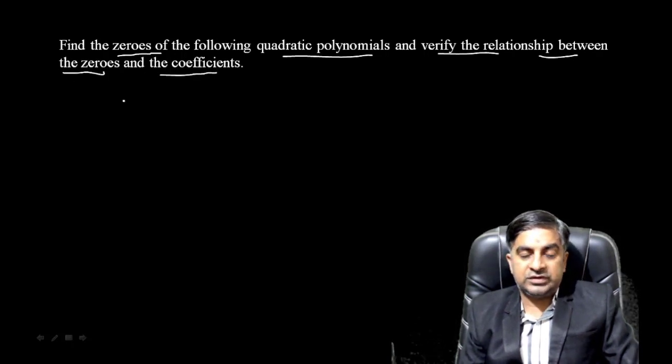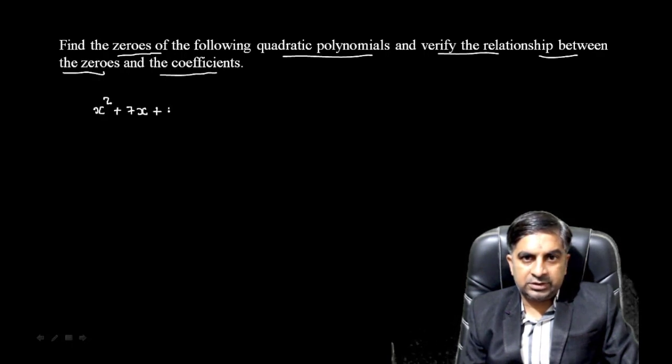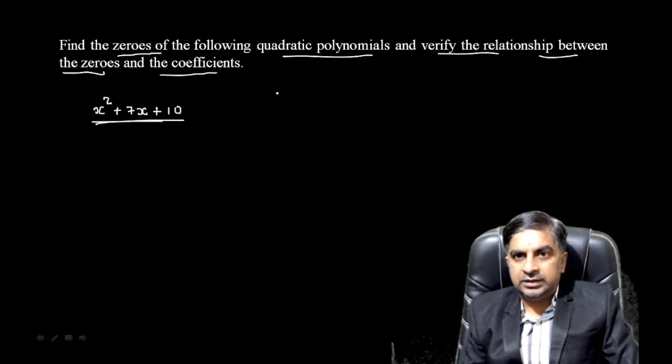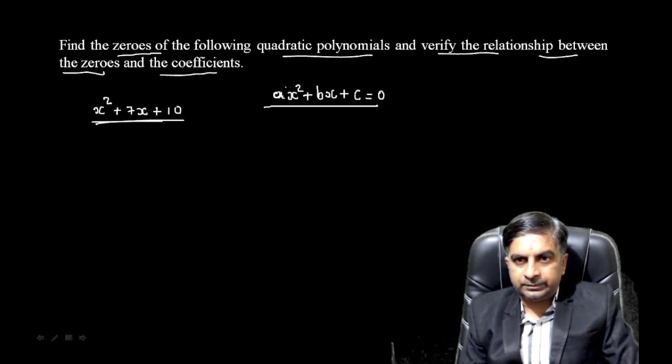Now what is a coefficient? Let me tell you. When I say x square plus 7x plus 10, what is the standard form of any quadratic polynomial? ax square plus bx plus c is the standard form. Coefficient means the number with x square.